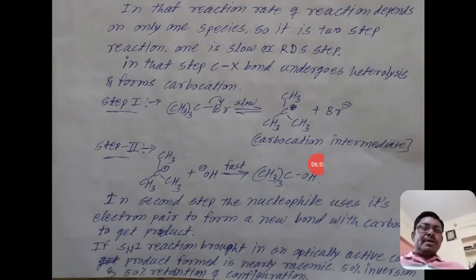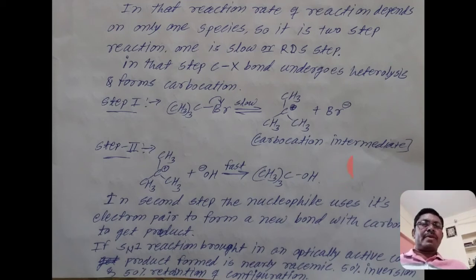In the SN1 reaction, if an optically active compound is taken, the product formed is nearly racemic. Optically active compound means one which has at least one asymmetric or chiral carbon atom.